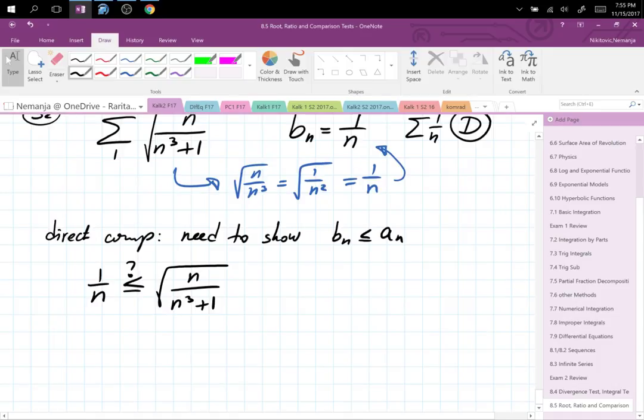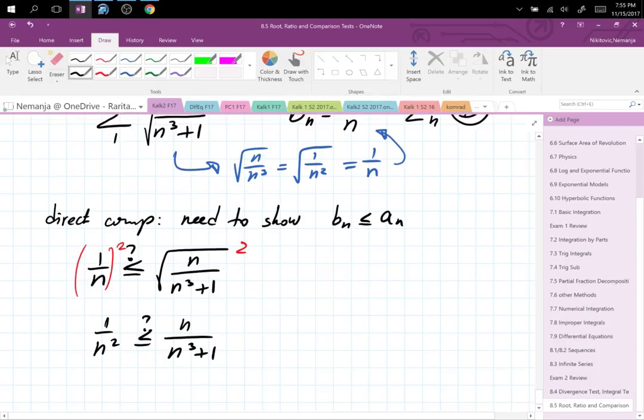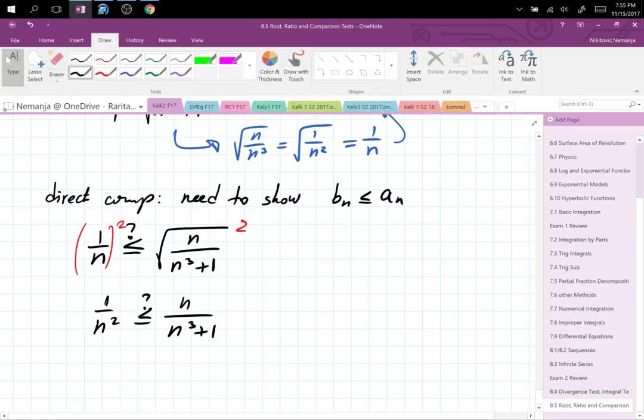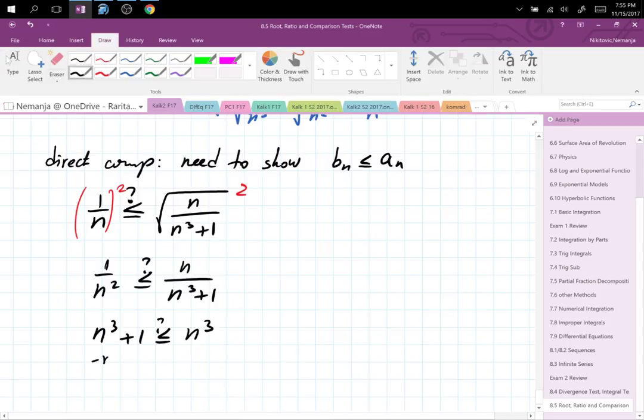Fine. Square both sides. 1 over n squared needs to be smaller than n over n cubed plus 1. Cross multiply. n cubed plus 1 needs to be smaller or equal to n cubed. Take away n cubed on both sides by subtraction, and you get 1 less than 0. Fails. Test fails. Method fails.